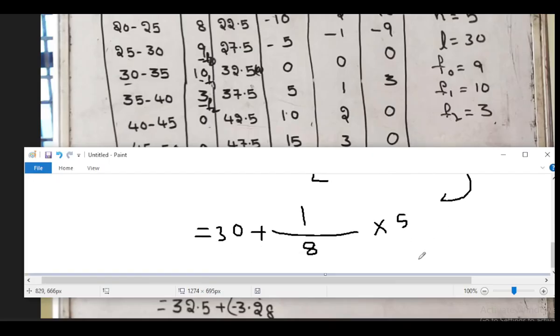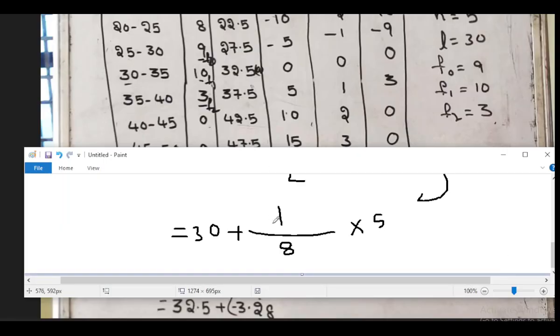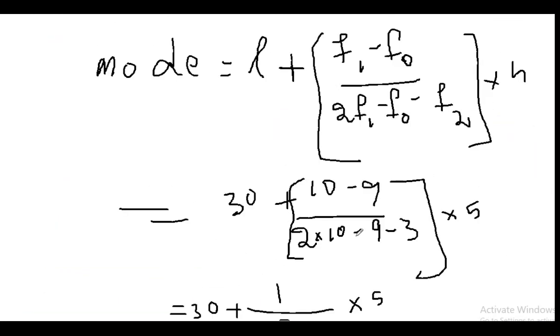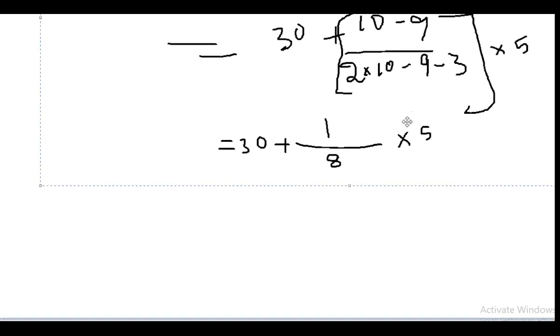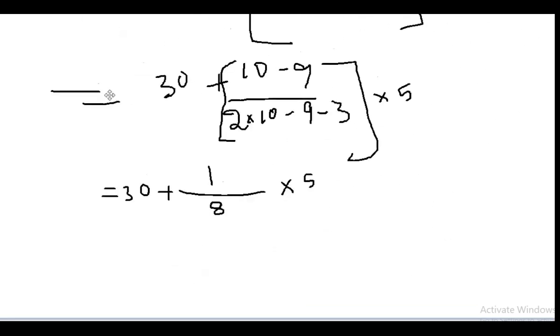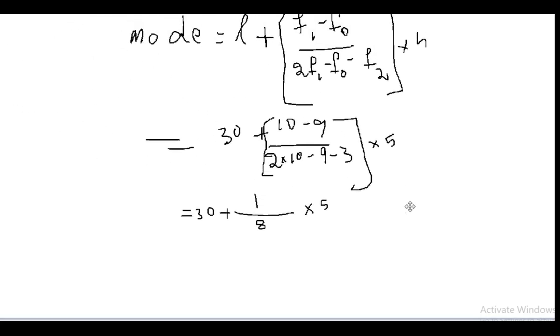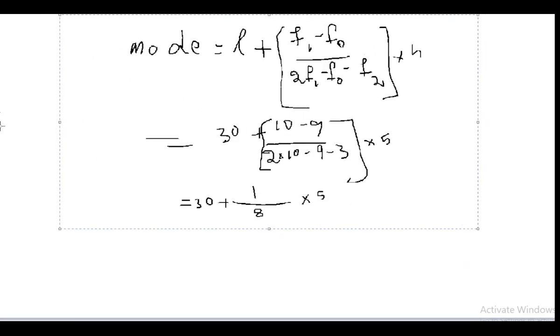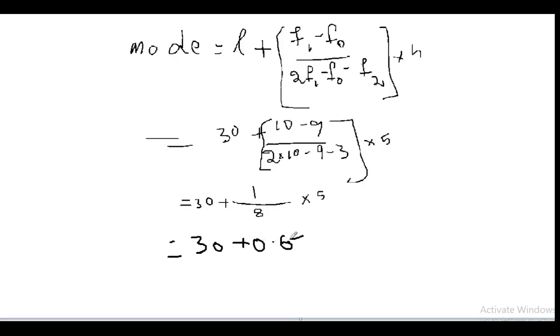If we go for cancellation, here we are getting 0.625. So 30 plus 1 by 8 into 5 is equal to 0.625. Finally we are getting 30.6, if you want to round it to 1 decimal place.